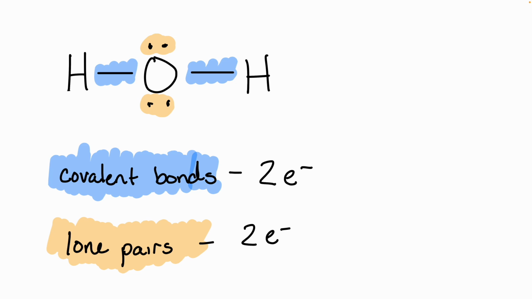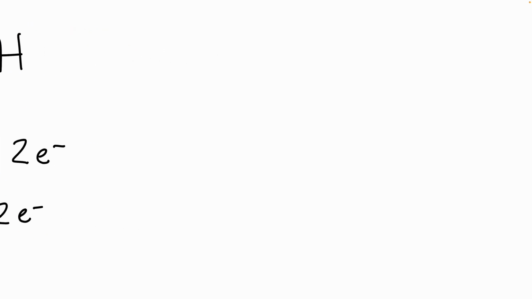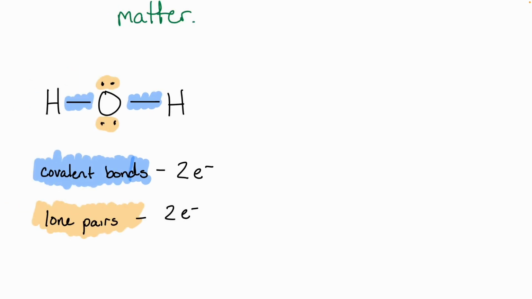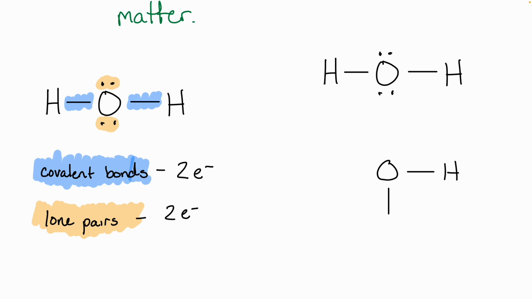Let me just copy this over real quick. What do I mean by that last portion when I said that the orientation doesn't matter? Well, here I have my oxygen and my hydrogens drawn all in a straight line, right? I could have put those hydrogens anywhere around that central oxygen. So for example, I could have put one over here and one down here.